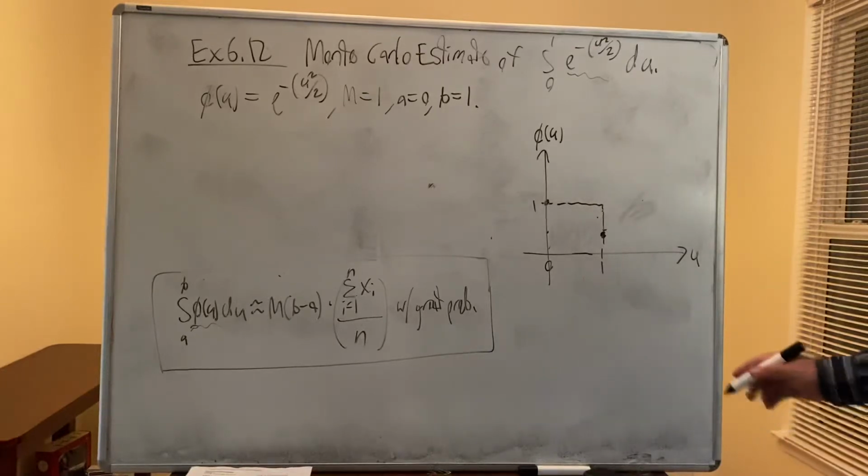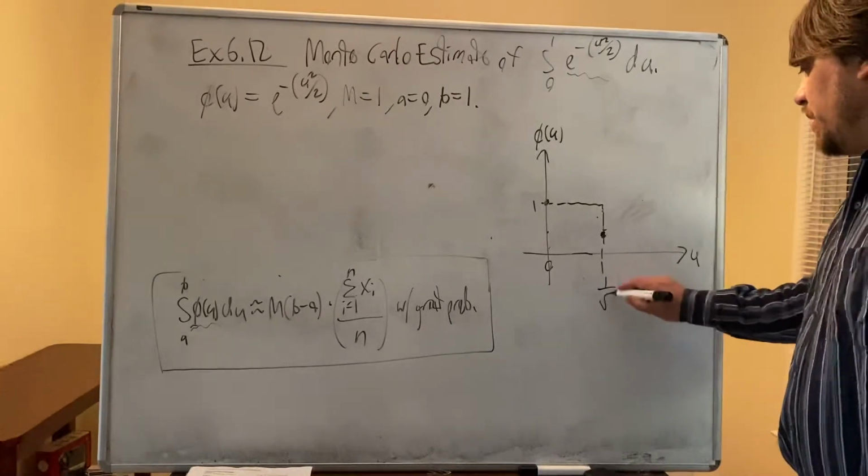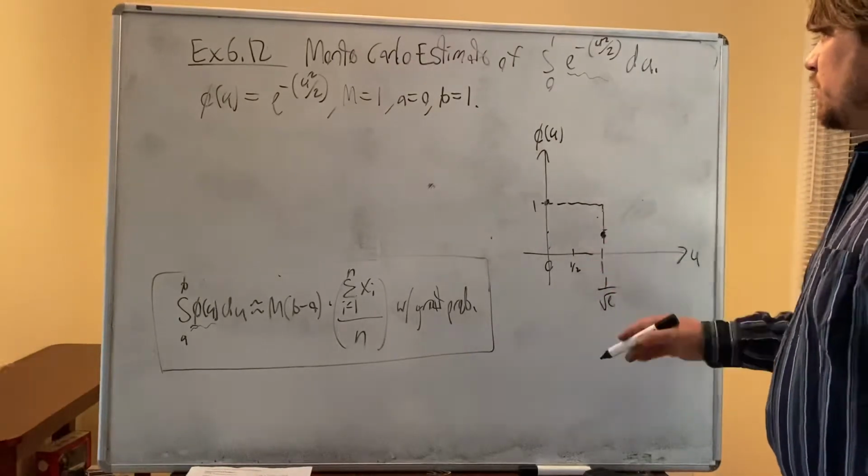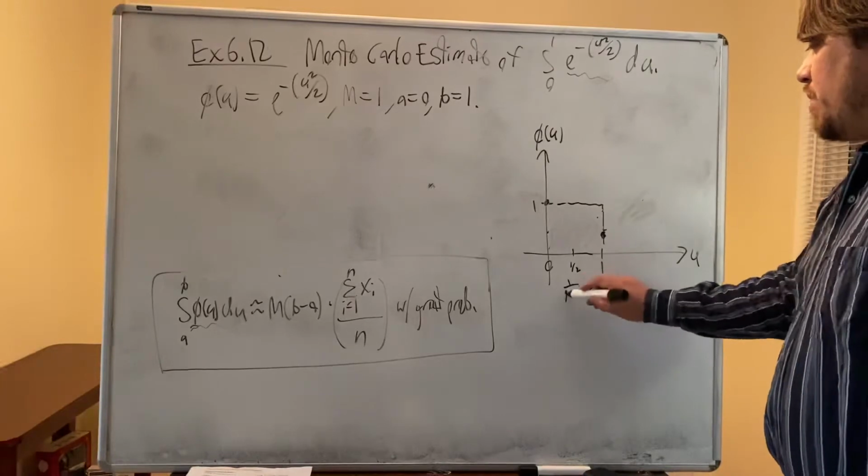So it's 1 over the square root of e here. And then when u is 1/2, it's 1 over the 8th root of e.